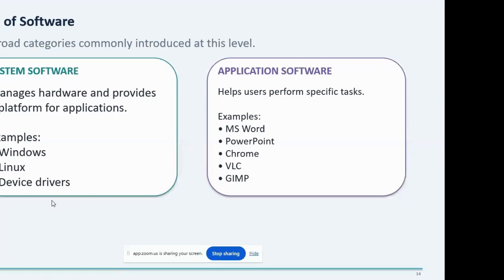In application software itself, we have two types: general purpose and specific purpose software. For example, if I open Microsoft Word and you also open Microsoft Word, it does the same job for both of us. This is called general purpose software.